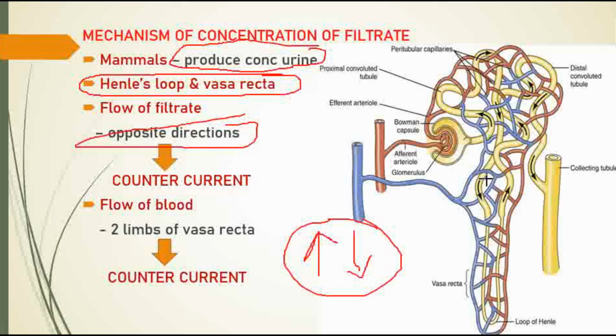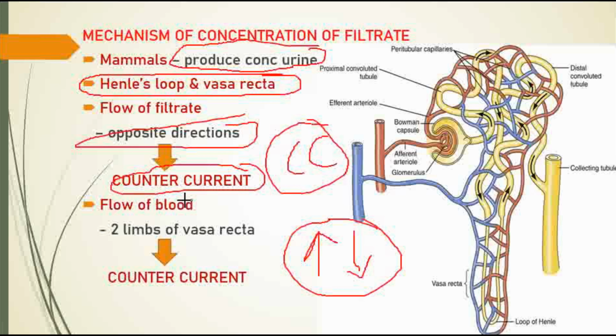In the descending limb it is in this direction, and in the ascending limb it is in the opposite direction. So they are in opposite directions, which we call counter current. Since it is opposite, we use the word counter. Current is the flow of the filtrate. So it is counter current.